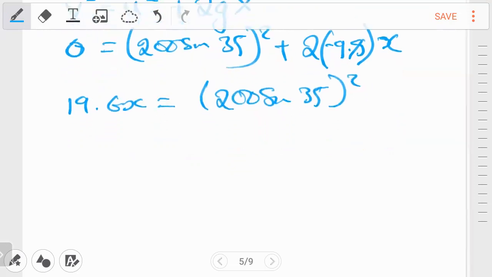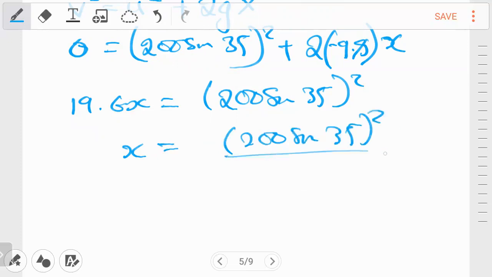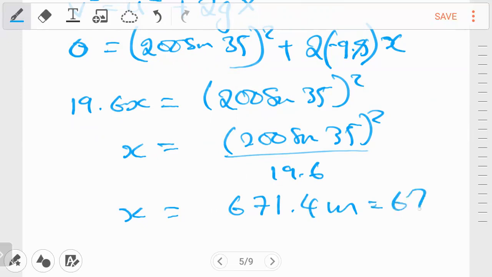Divide both sides by 19.6, you get x equals that. When you perform the operation, the extra height comes out at 671.4 meters. Just take it as 671 here, and make sure you maintain some level of significance.